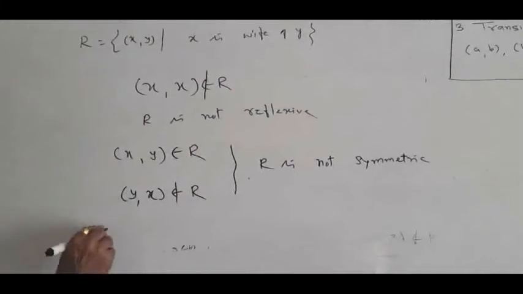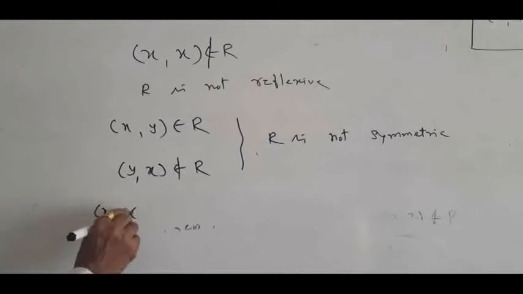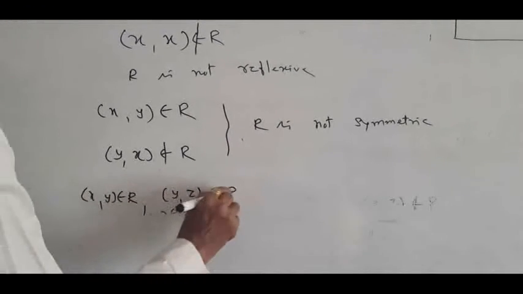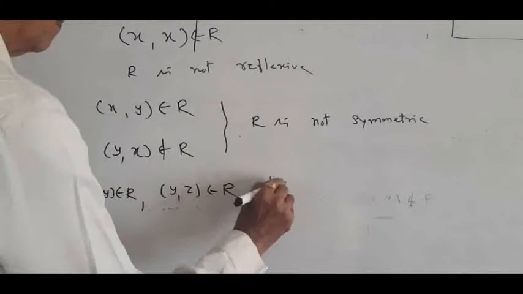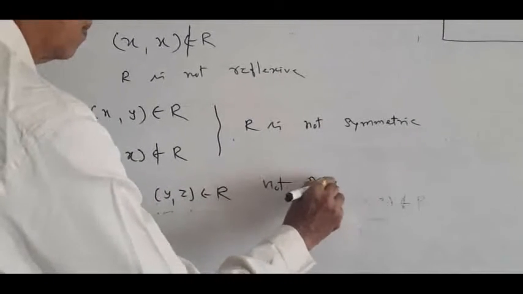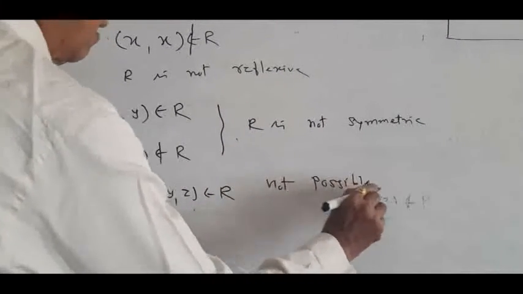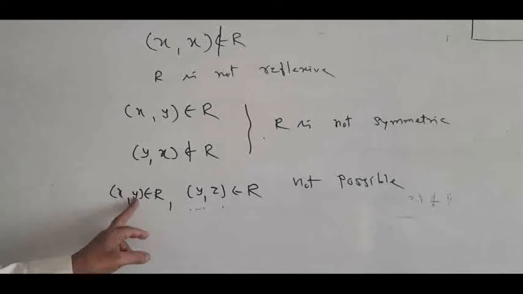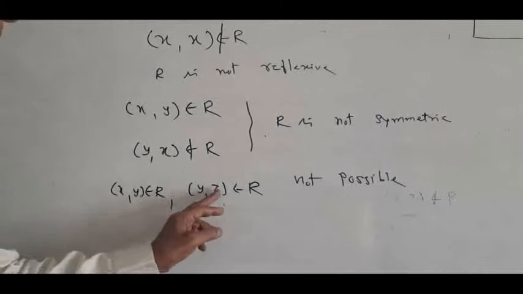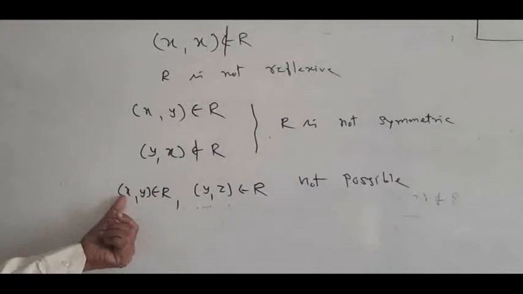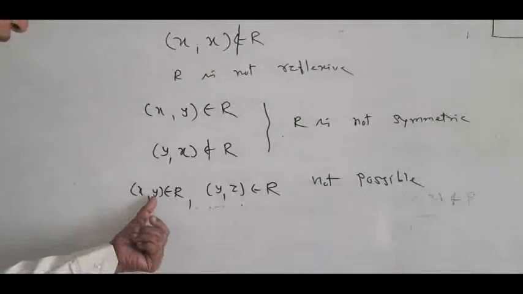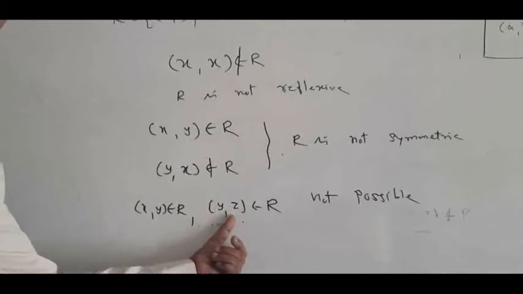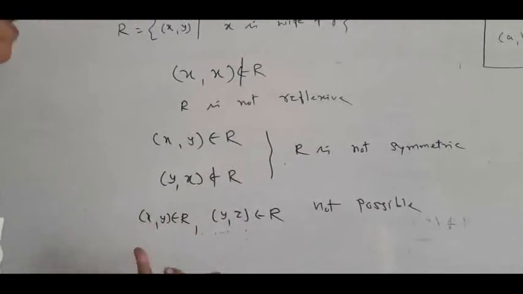Now here (x, y) belongs to R and (y, z) belongs to R, not possible. Why? Because when x is wife of y, naturally y is male, and male is not wife of anybody. Means such ordered pairs are not there.